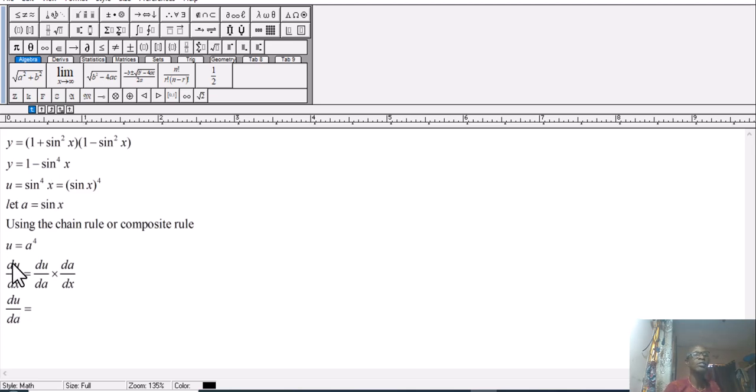Du over dA will give us 4a to the power of 3. Then we also have dA over dx, that will give us cos x.